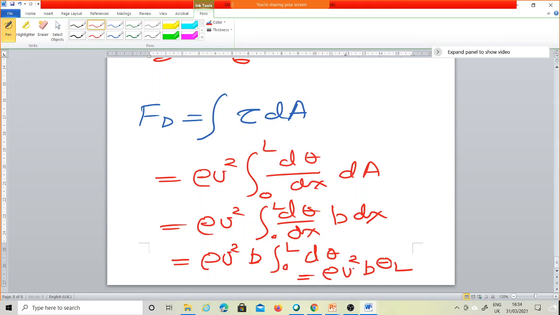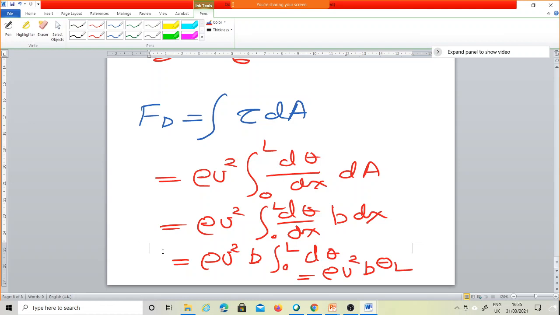So what you need in this case is theta L. That's the thing you need. Okay, and what else? Rho is already given, u square already given, your breadth b already given. So just you don't know theta L. Okay, so how to write theta L is very simple.